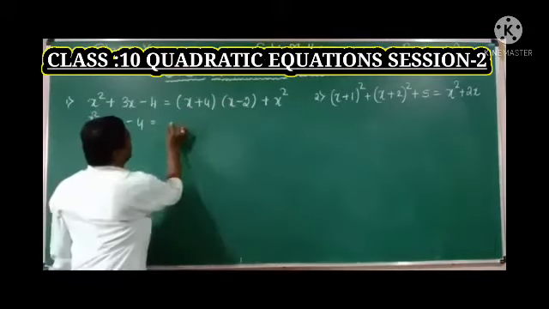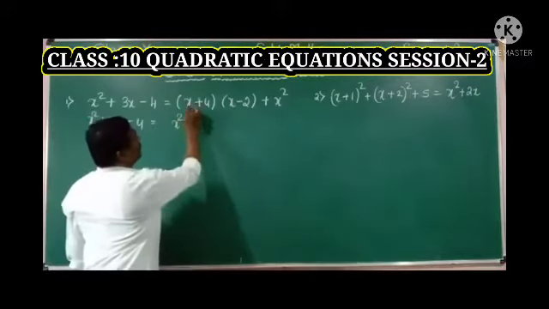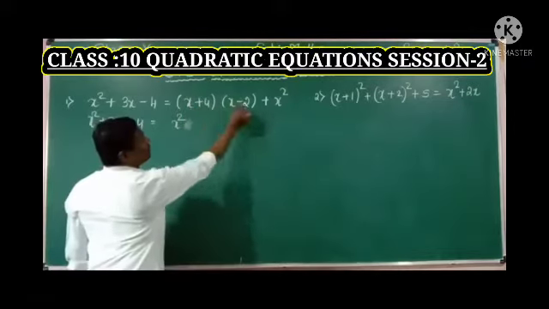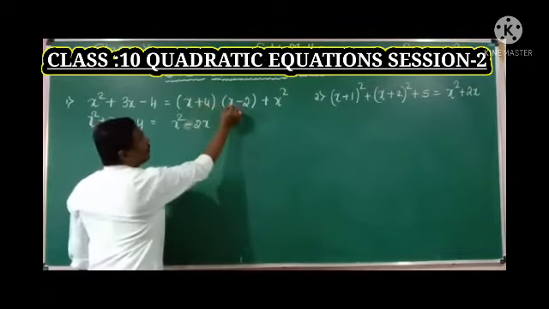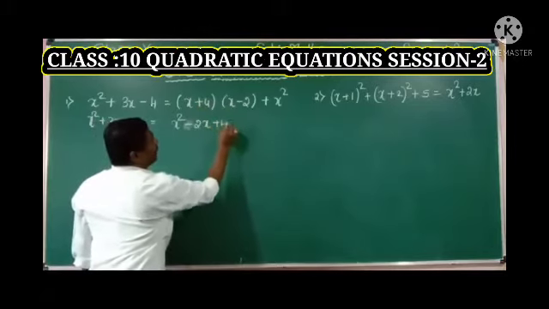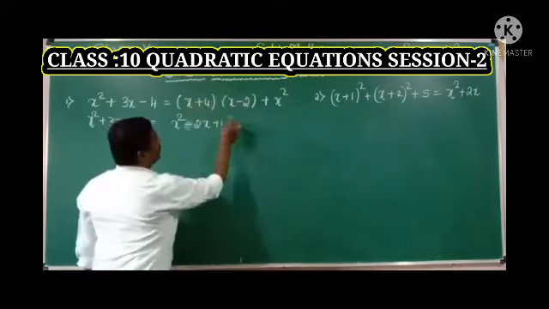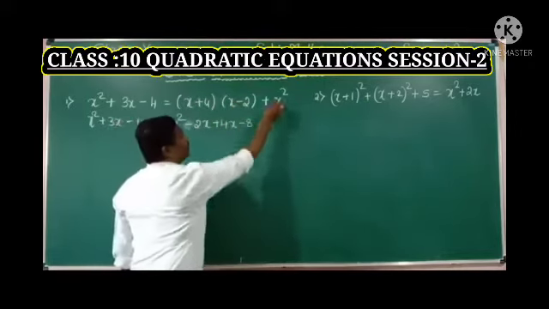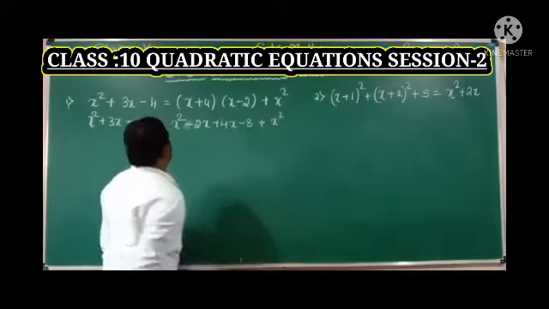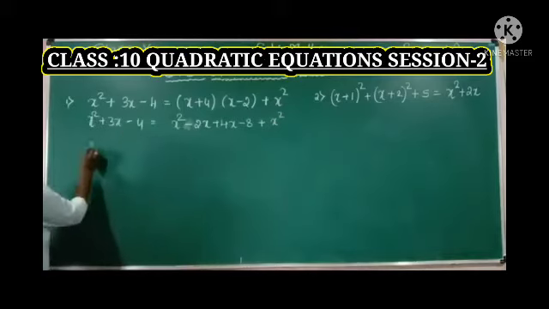X into x, x square, plus x into x, x square, x into minus 2, minus 2x, plus 4 into x, plus 4x, plus 4 into minus 2, minus 8, and the remaining x square as it is. Right? Write the LHS part again as it is.